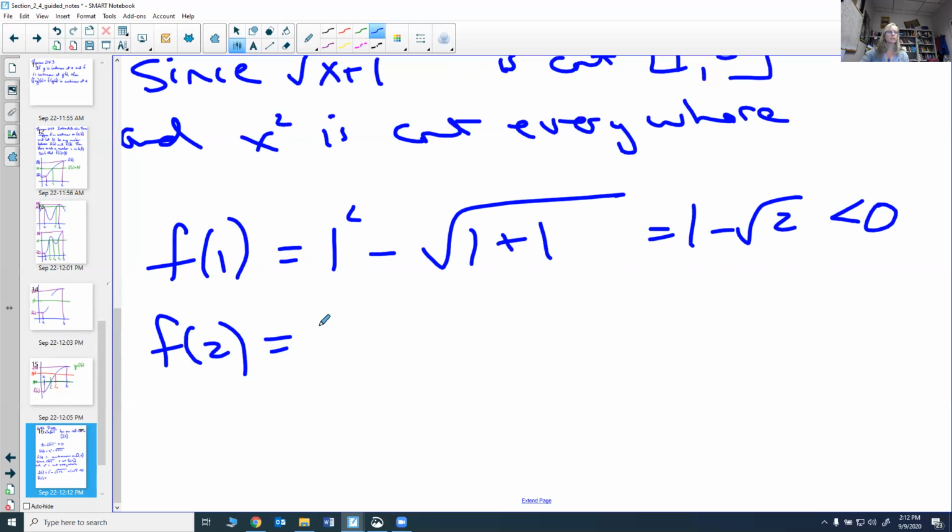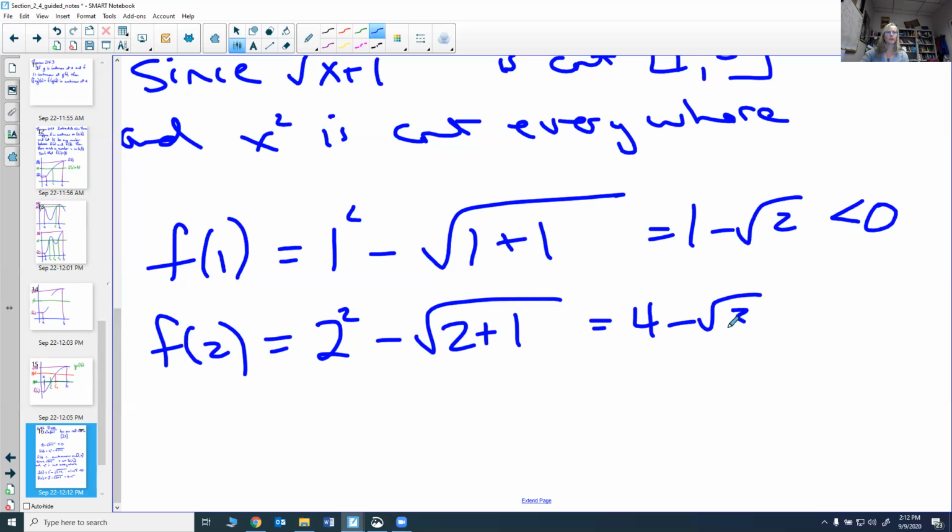So let's look at f of 2. We have 2 squared minus the square root of 2 plus 1, which is 4 minus the square root of 3. Well, 4 minus the square root of 3 is going to be a number bigger than 0.